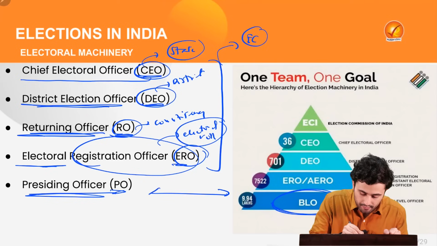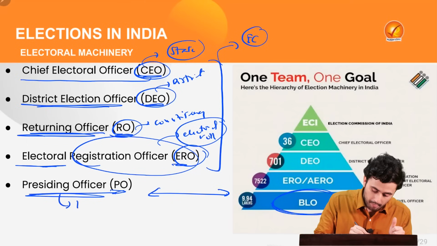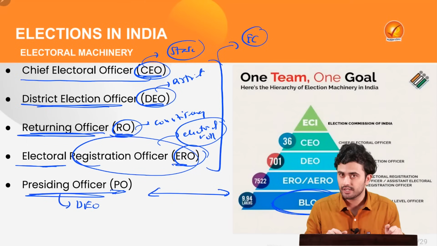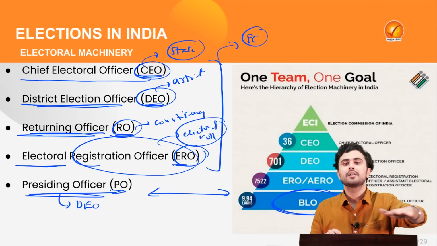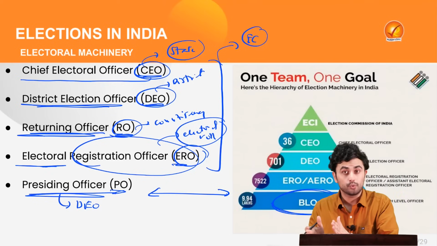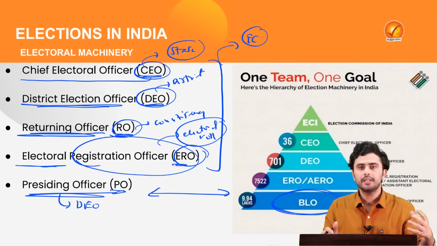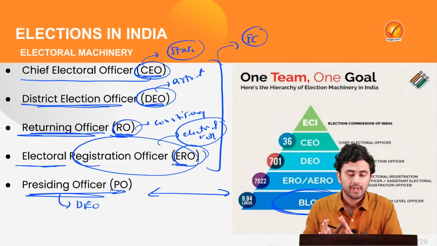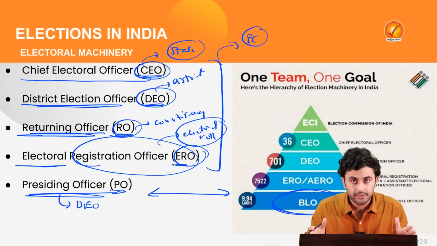This presiding officer or booth level officer is actually appointed by the District Election Officer, not by the Election Commission, and he is ultimately responsible to conduct the polling at one booth with the help of polling officers who are basically government employees such as a school teacher. This is the whole electoral machinery which exists in our country.